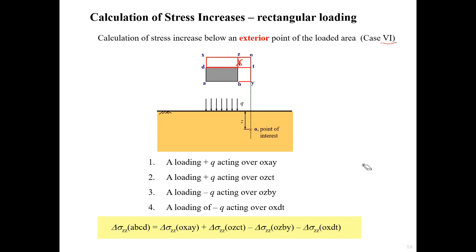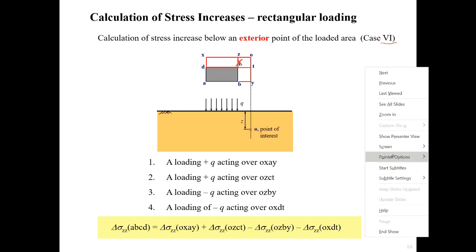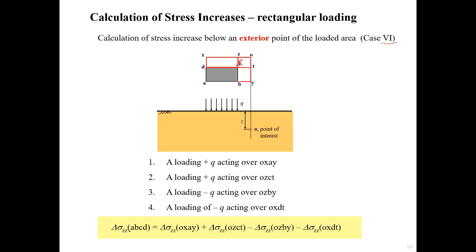So this time the stress increase for the point O, but only for this loading area ABCD, will be equal to OXAY plus OZCT minus OZBY minus OXDT. So this one we already discussed before.